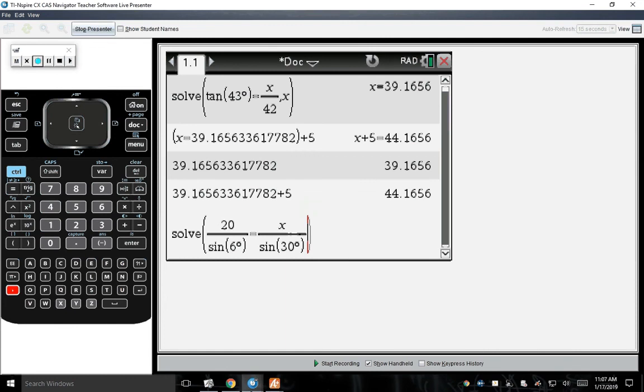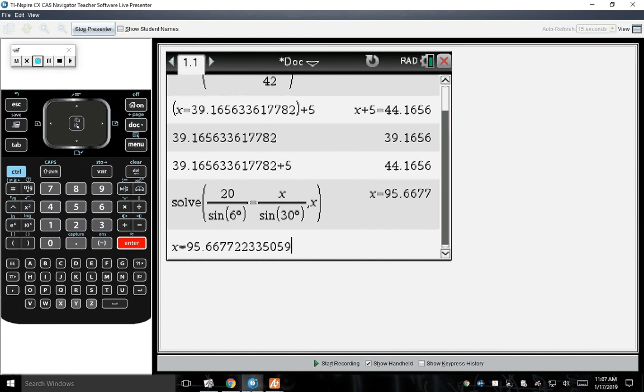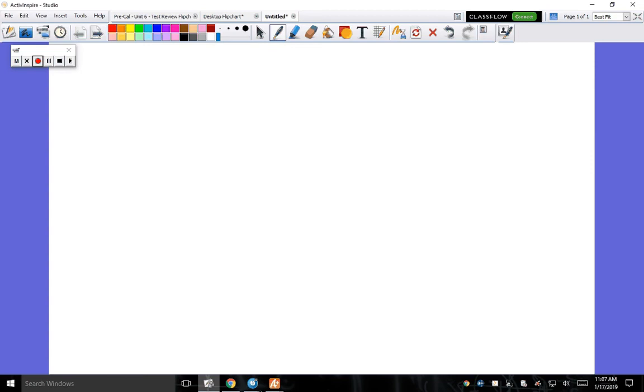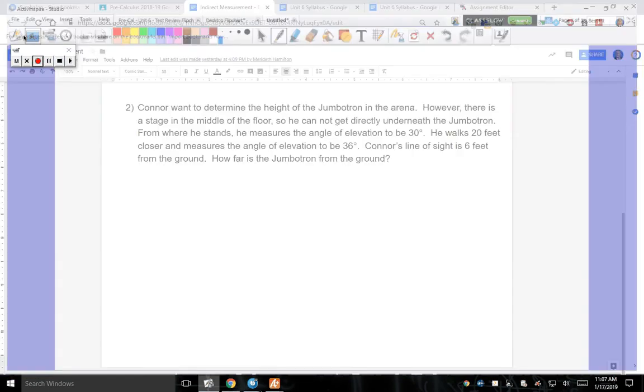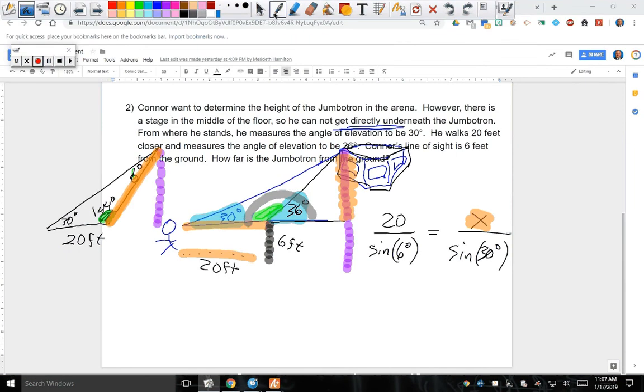And it'll be comma X. So that length, how many decimal places should I put? 6, because I'm not done with the problem. So let's go ahead and put 6 decimal places on the picture. This X value is going to be 95.667722 feet. Okay. What do I do next?